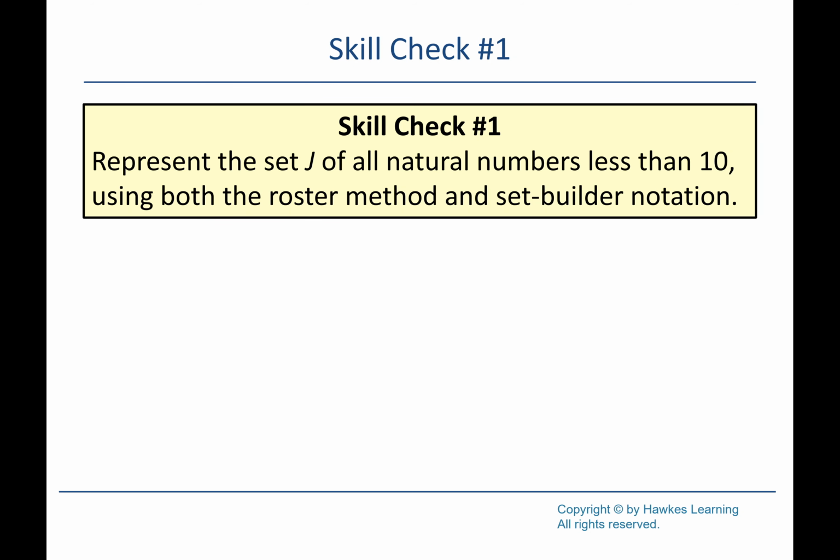Okay. So it gives us another set to make. We want set J of all natural numbers less than 10, and it wants us to write it down using both methods. Okay. Natural numbers, what are they?